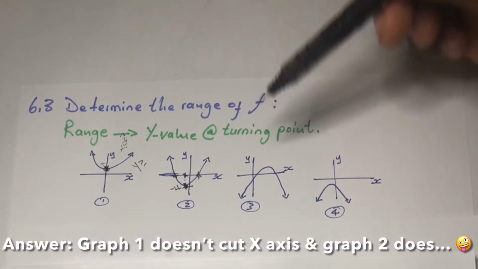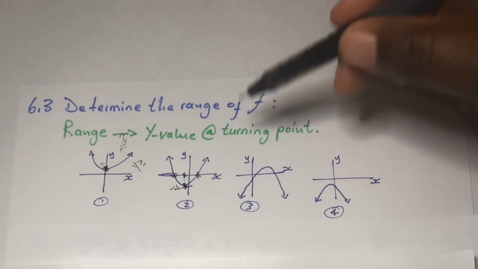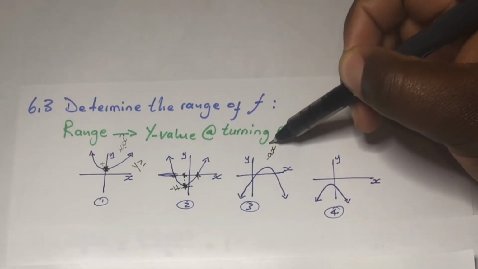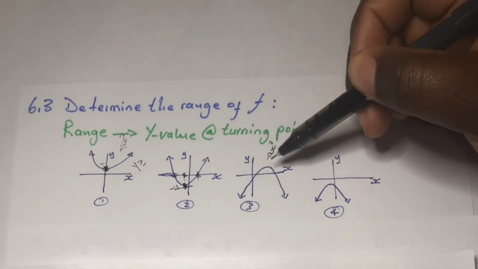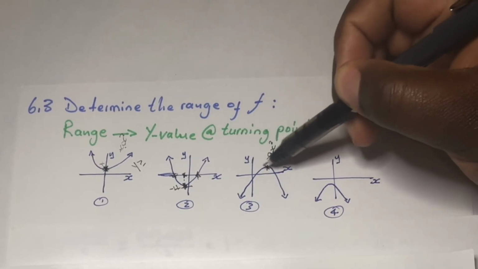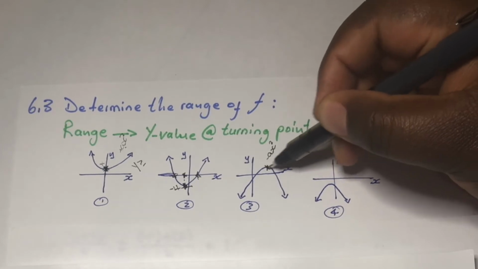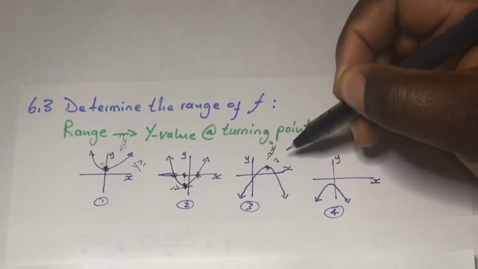So we've got a third graph which has a sad shape, which means you've got your a being negative for this graph, and also the turning point of this graph is at where the y values are positive. So suppose the y value at the turning point is 2.